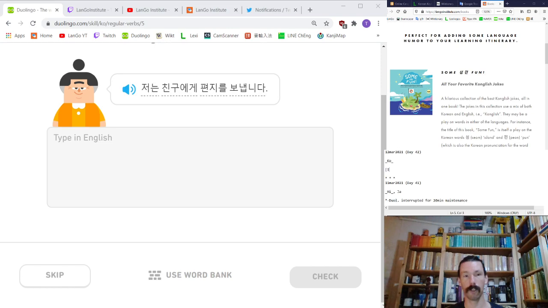The first one is 저는, I with a topic marker 는. Let's transliterate using the revised romanization standard. 친구에게, and I'll put a dot there for the syllable boundary. And then this 에게 is the particle.